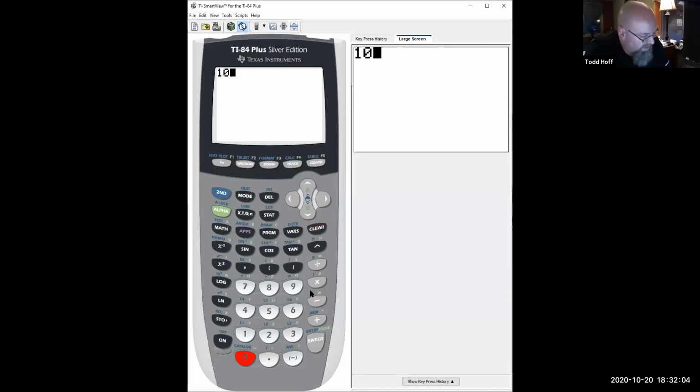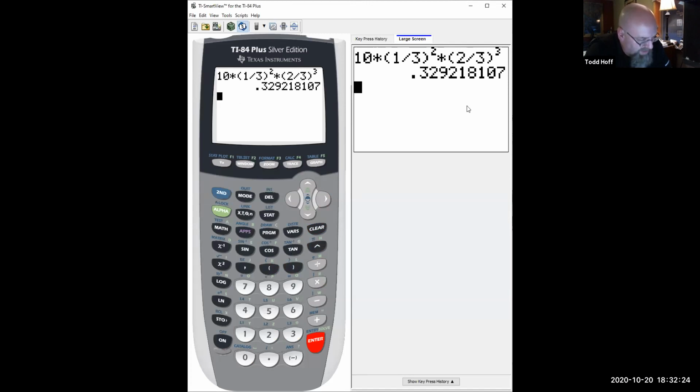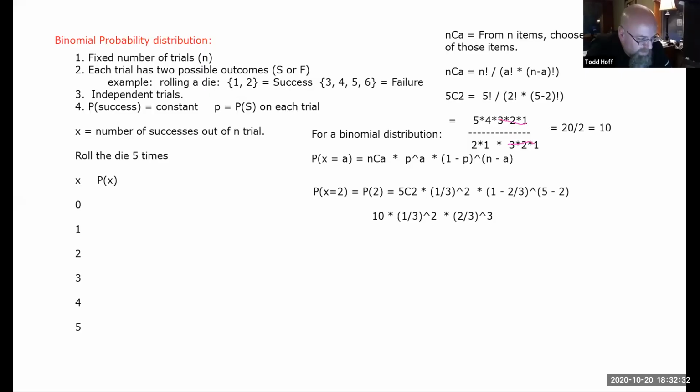So 10 times 1/3 to the power of 2, and I have to make sure I arrow out of that power before I continue, times 2/3 to the power of 3. And I get 0.3292 as my probability there. Now I could fill that into my distribution over here as my probability of 2.